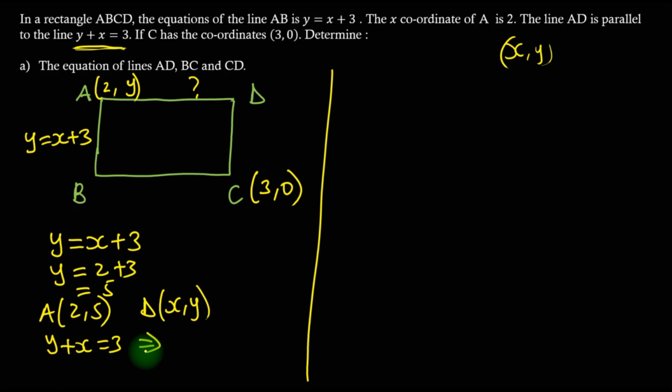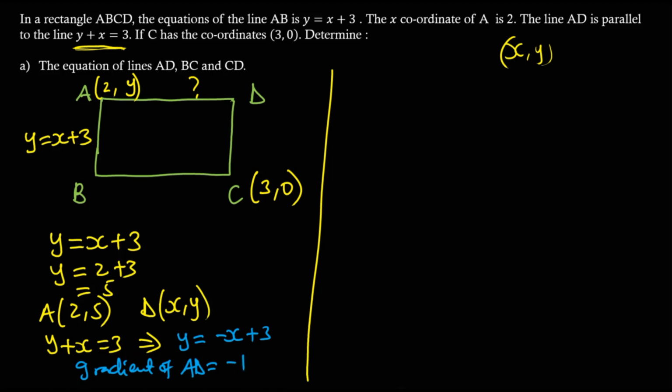It is much easier if we write this line in the form y equals mx plus a constant, which will be y equals minus x plus 3. Therefore, the gradient of AD is minus 1.